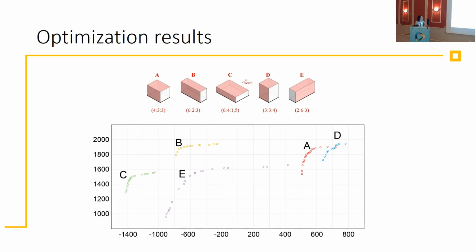And the optimization results you can see here for the 5 different building forms. One thing I forgot to mention is that for each building form, the photovoltaics installation was marked in red. So those surfaces highlighted in red are those surfaces on which photovoltaics were installed.